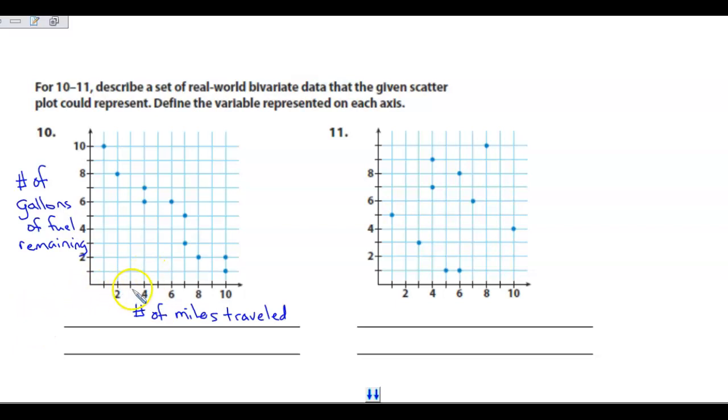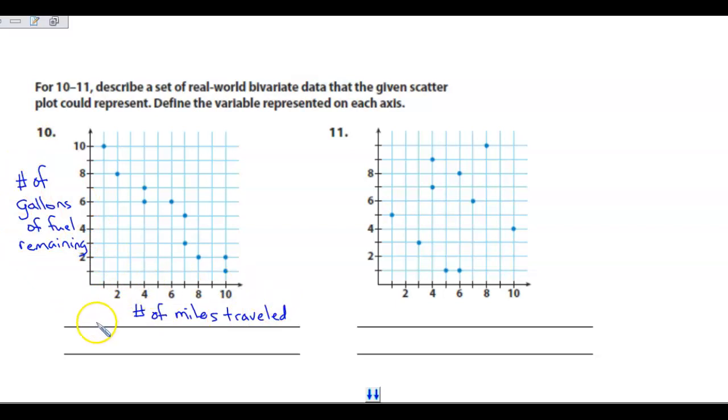So the longer we traveled, so we traveled 4 miles, the number of gallons we have left in the tank would be decreasing. For someone who traveled 1 mile, they had a full tank. For someone who traveled 2 miles, it dropped to 8, they had 8 gallons of fuel left in their tank, and so forth. So it doesn't matter what they are as long as it makes sense.